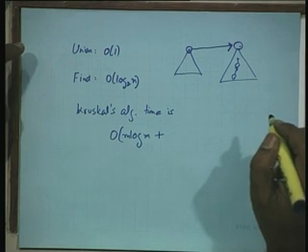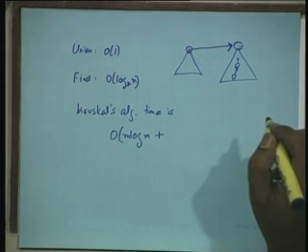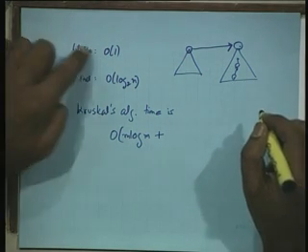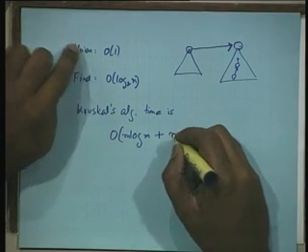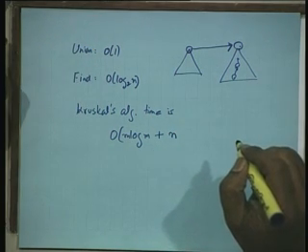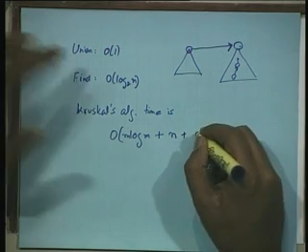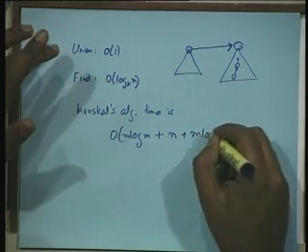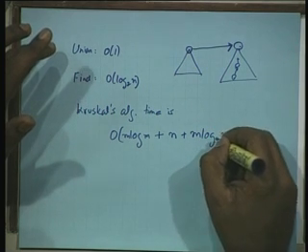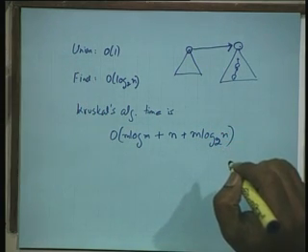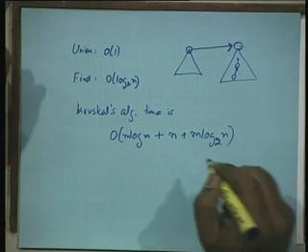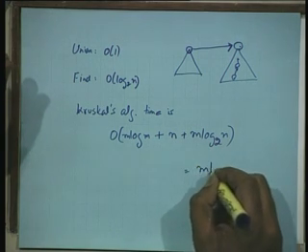At most n unions. Every time I include an edge, I need one union. Since each one of them is taking constant time, this is just order n time. How many finds do I need? For every edge, I might need 2 finds. So m times log n.